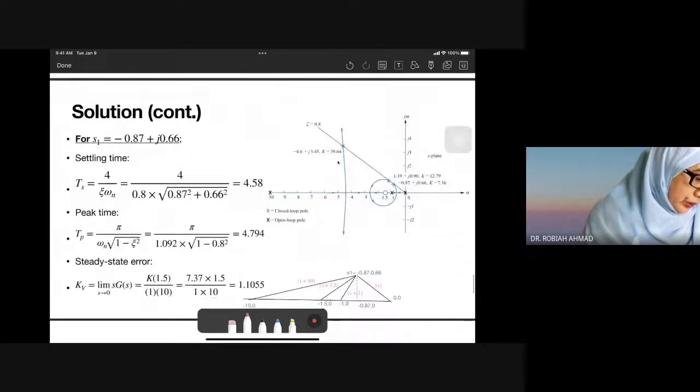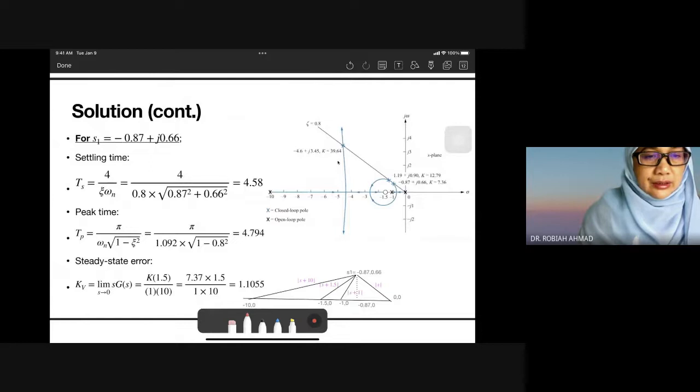Then we proceed with the question asked about settling time, peak time and steady state error. All the formulas here are actually from the topics on transient response last time. Putting in the values of theta, omega n and so on, these are the values for S1. We had 3 points, 1, 2, 3, but I'm showing you only S1, so please try the rest, S2 and S3.